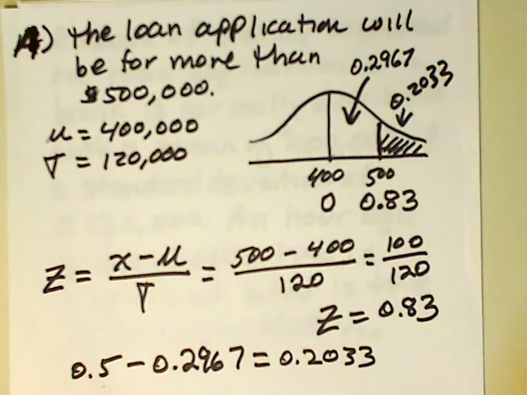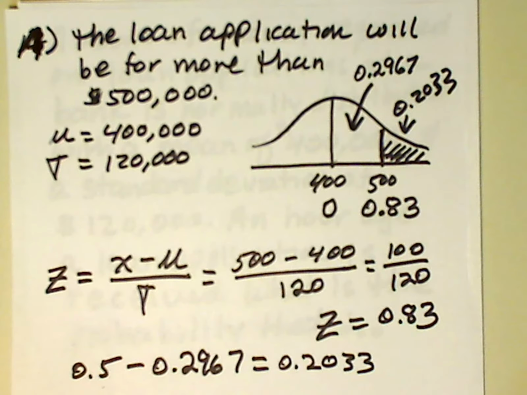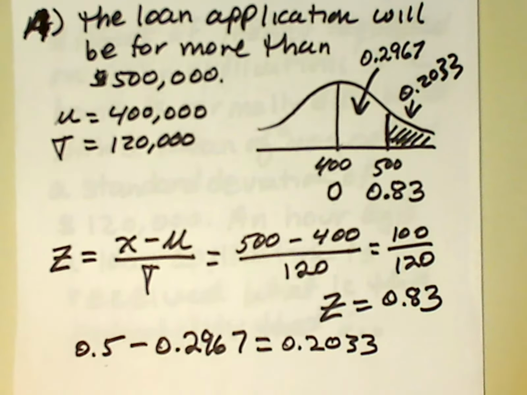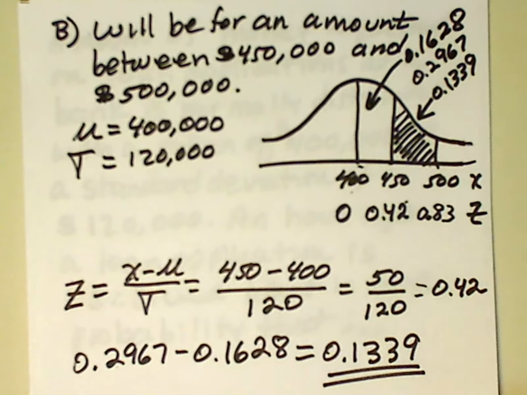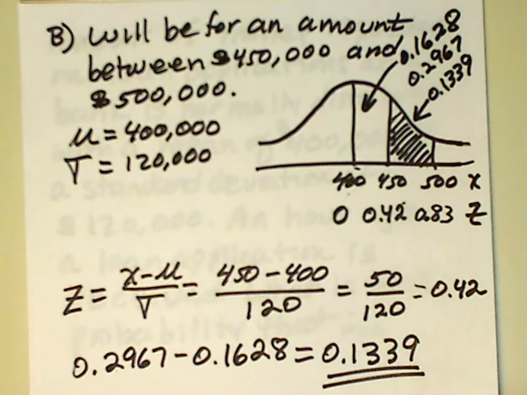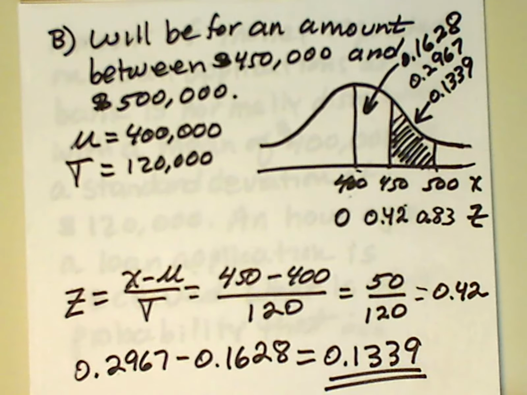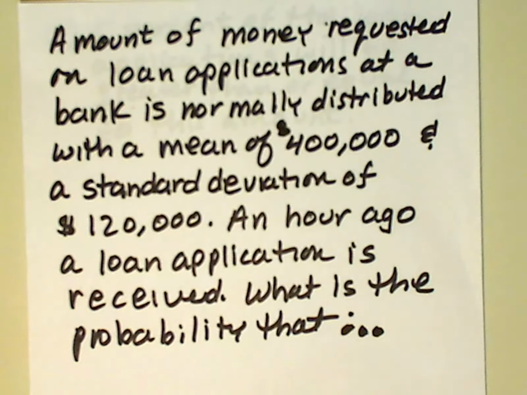Part A said, what's the probability the loan application will be for more than $500,000, and we worked out that problem in the prior video. And part B asked what's the probability the loan will be for an amount between $450,000 and $500,000, and we worked out that probability.